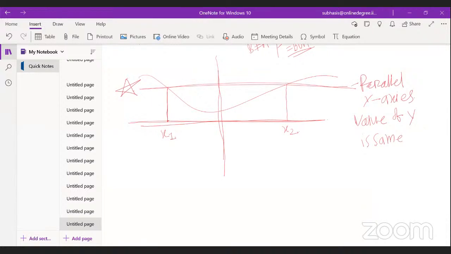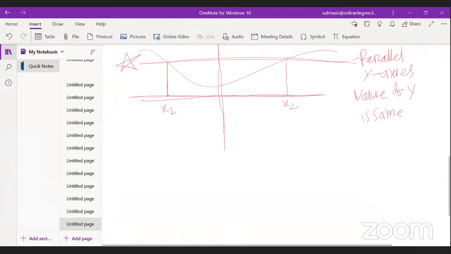So this particular line cuts your graph at 2 points. From this you can say that f of x1 is equal to f of x2.